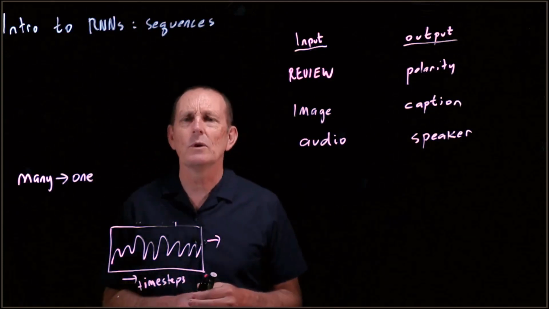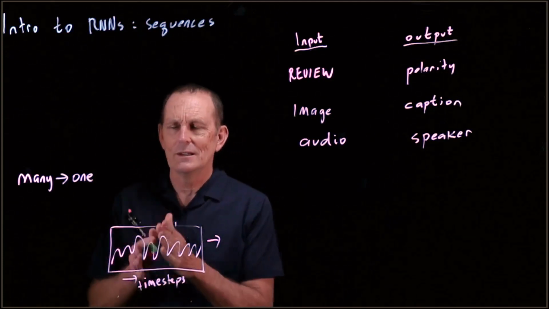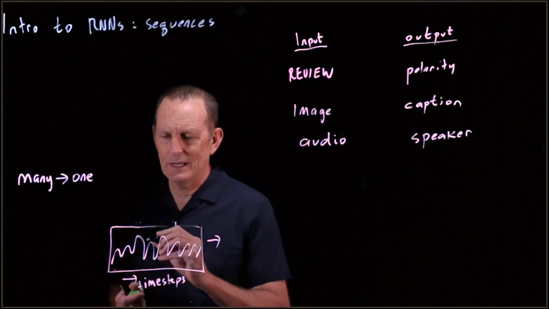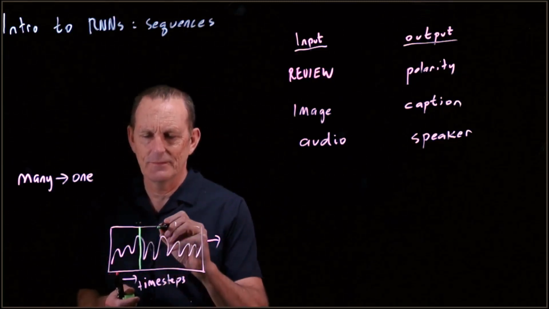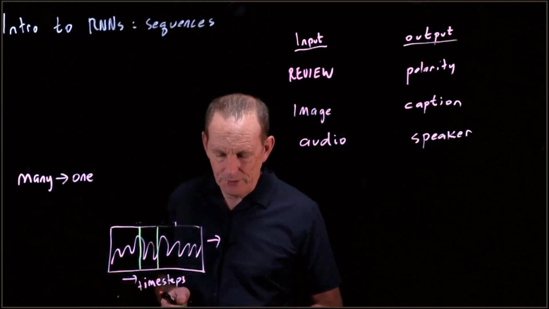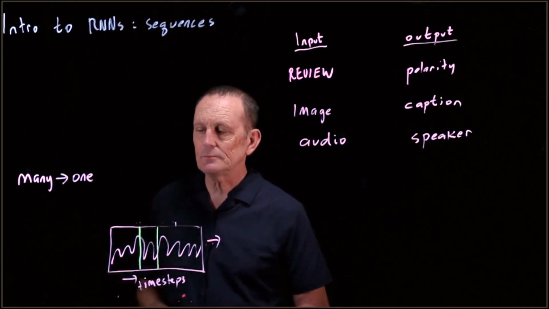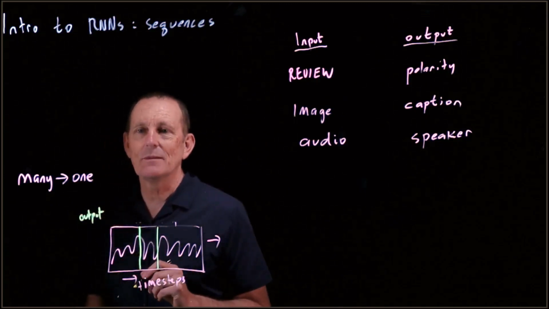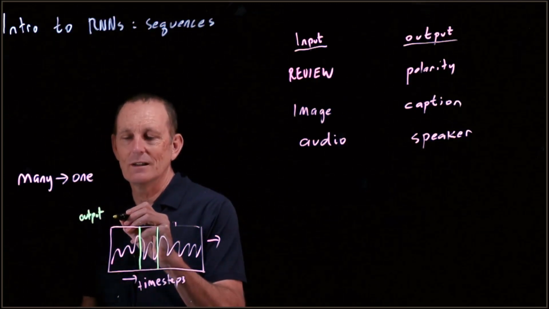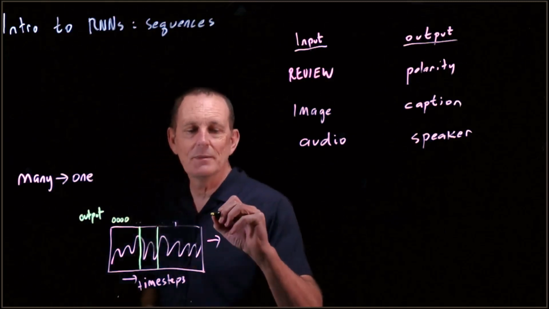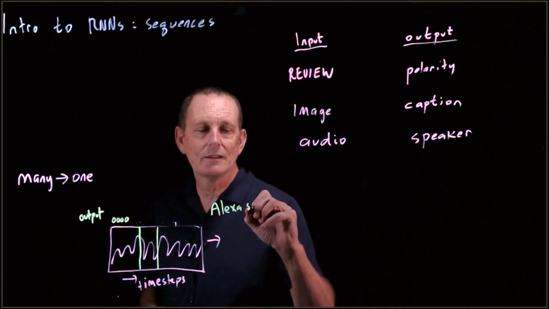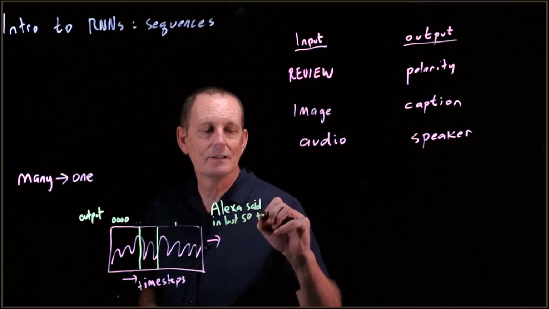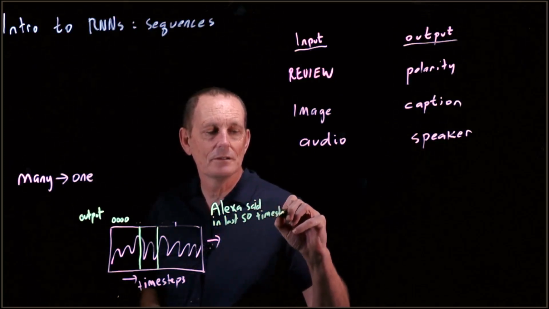So as output, what we really want to know is when do they say, let's say, Alexa. So let's say the word Alexa is right there. So our output can be a set of zeros and ones. That is basically for every time step, was Alexa said. And so it's maybe Alexa said in the last 50 time steps.